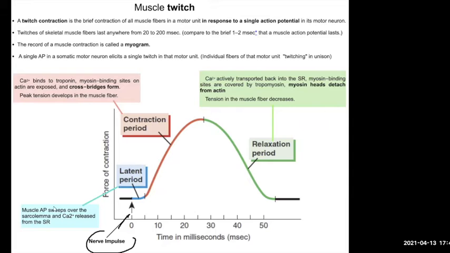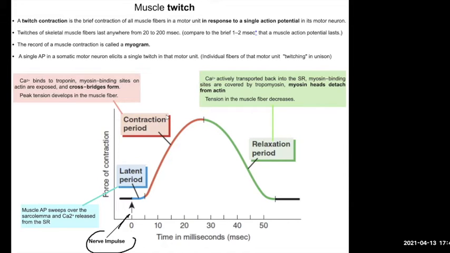So for the period of time the muscle action potential is sweeping down the muscle fiber, the muscle hasn't contracted yet. The sarcolemma opens up, but the cross bridge formation hasn't happened. Nothing is happening. That's about 1 to 2 milliseconds.